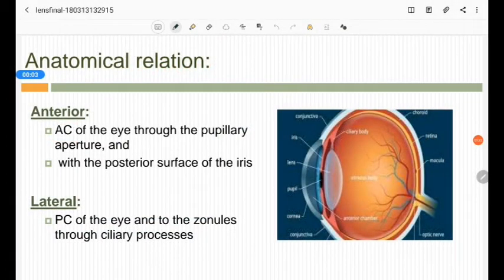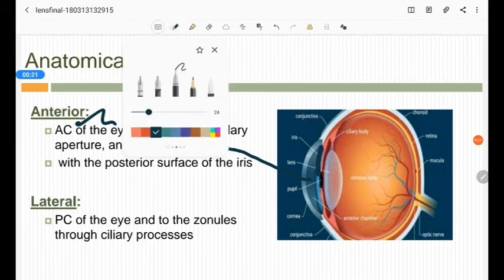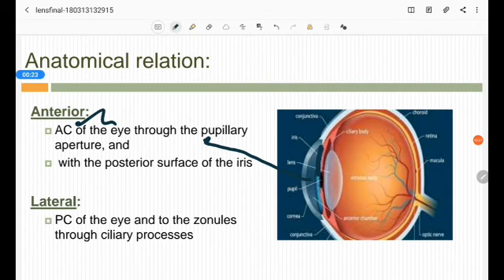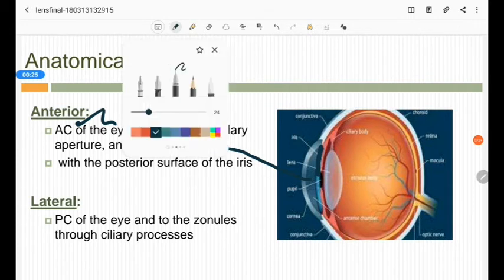So now let's discuss the anatomical position of the crystalline lens. Anterior to the crystalline lens, we see the pupillary aperture that is formed by the iris.